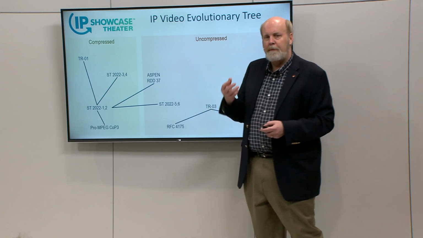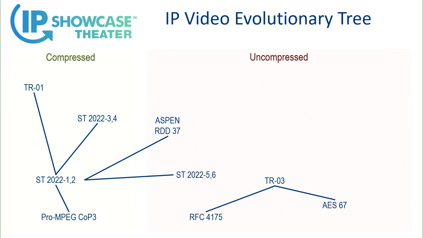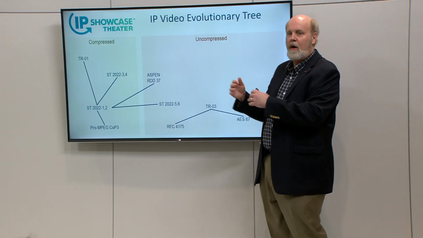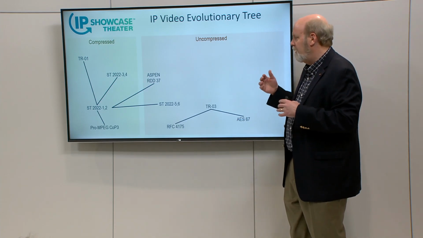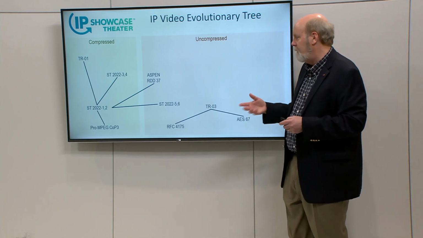Another very important variation, which I think is going to survive in our market for quite a while, is something called SMPTE 2022-5 and -6. Those take a complete SDI signal, so every bit of a 270 megabit or a 1.485 gigabit or a 2.97 gigabit video signal and wrapping that directly into RTP over IP.